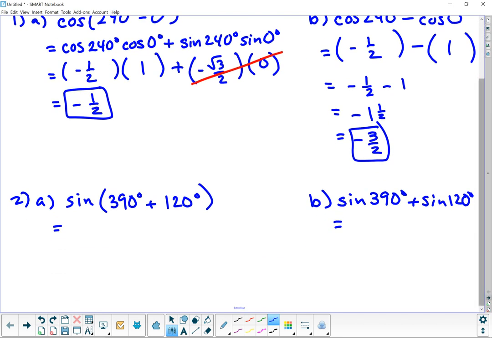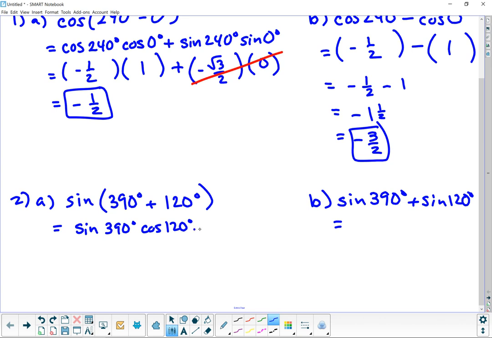But right now we're doing part A, which is sine of 390 plus 120 by using the sum formula. Remember, the sine formula for the sum is going to be sine 390 cosine 120.